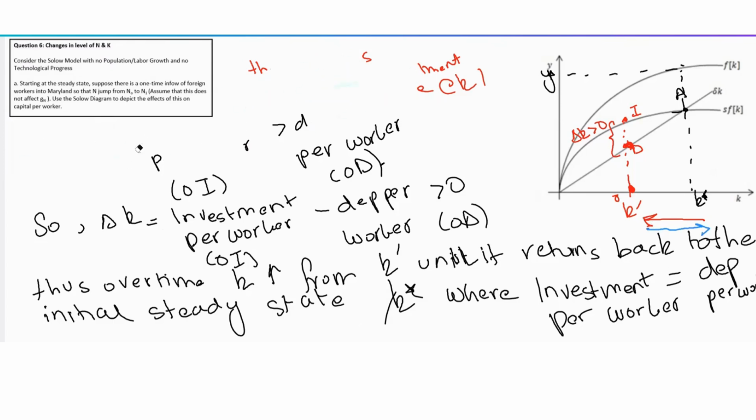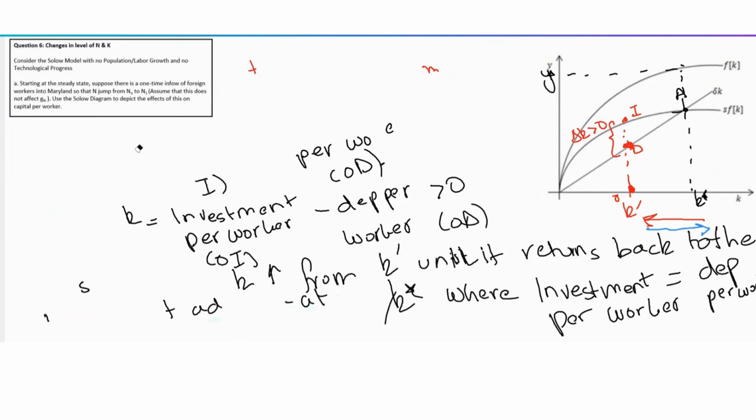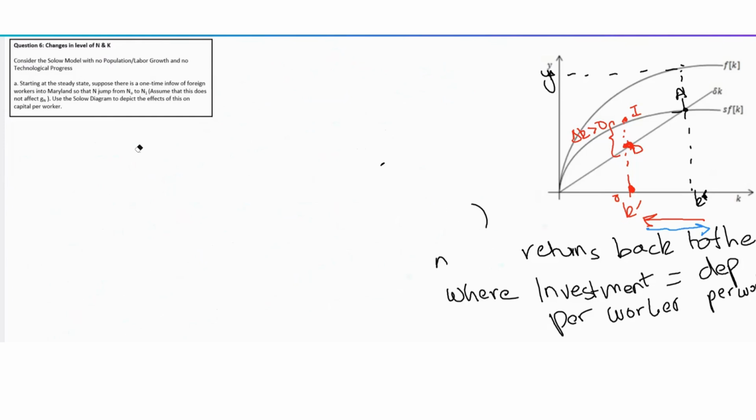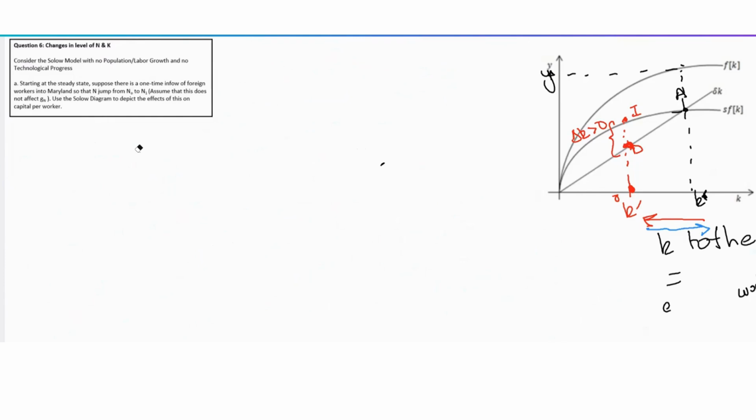So we're seeing that the effects of immigration will only be temporary. Let's write this down: nothing has happened to investment or depreciation here. You started off with k star, then capital N went up, so you immediately jumped to k prime, and over time you come back to k star, because at k prime investment per worker exceeds depreciation per worker. As a result the change in capital per worker is positive, which causes k to go back to its initial steady state where investment per worker equals depreciation per worker, so the change in capital per worker is zero.